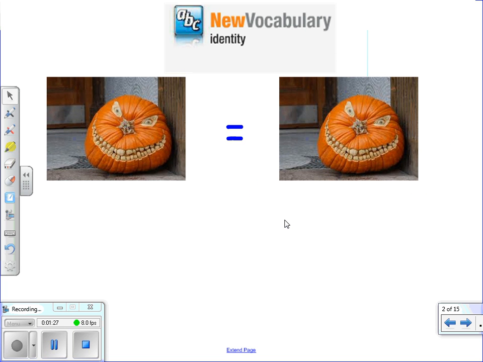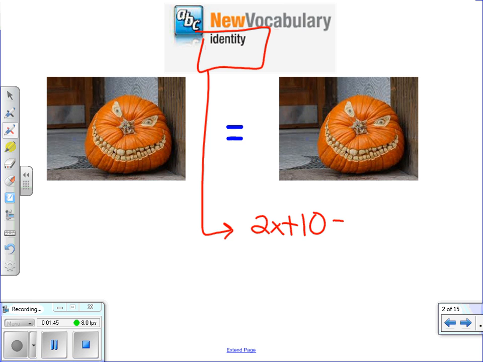New vocabulary, the word is identity. An identity solution is when, if we had a problem like 2x plus 10 is the same as x plus 5, and the solution is the same for both of them, then that's an identity set.